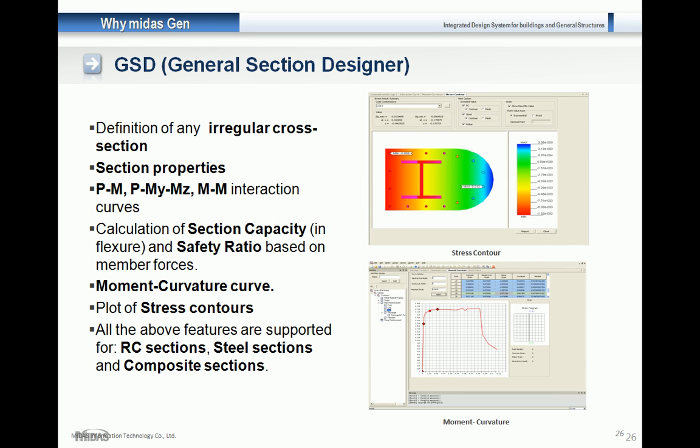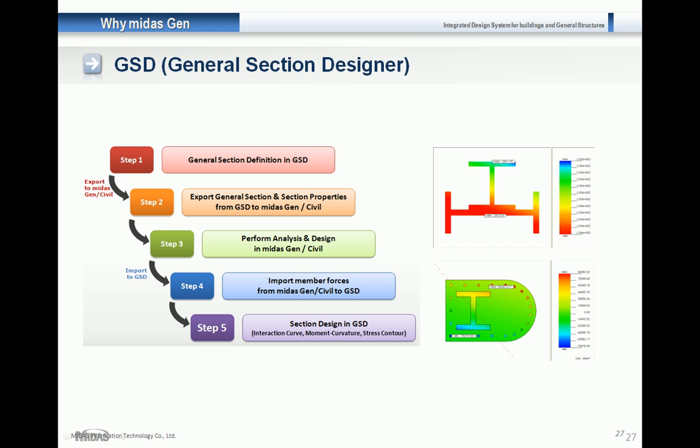Also, calculation of the section capacity and the safety ratio based on the member force is displayed. And it also plots the stress contour for all the cross sections. These are the steps used for GSD.